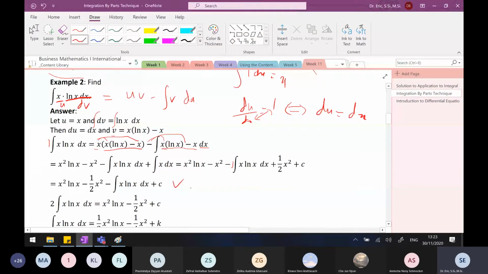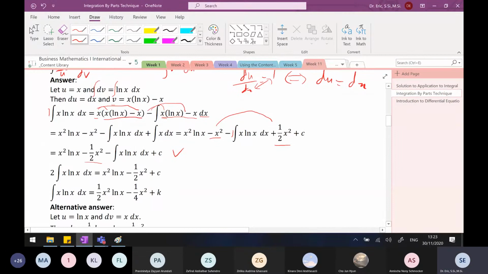Because this is minus x squared and this is a half x squared, if you add them up, you will have minus a half x squared. And don't forget, this is integral x ln x dx, which is the same as the original one, so I can move it to the other side.